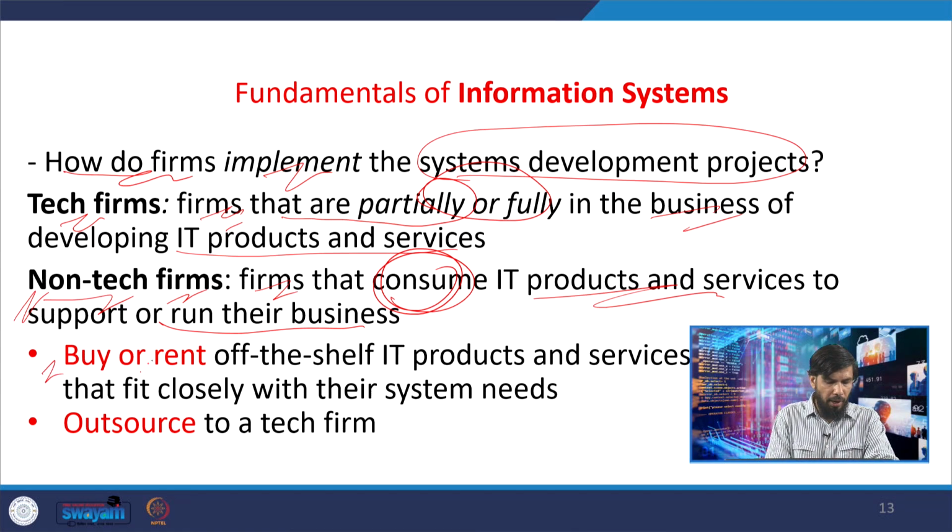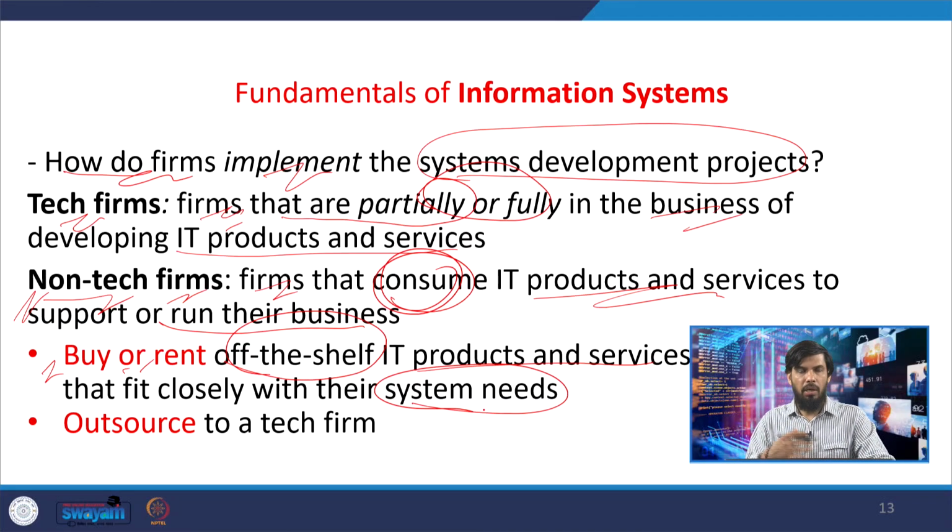One is buy or rent, so they can buy or rent off-the-shelf IT products and services, because some of the tech firms might already have an existing IT product or service, as that is their business. Some of these non-tech firms might find these IT products and services fitting or closely matching their information system needs.